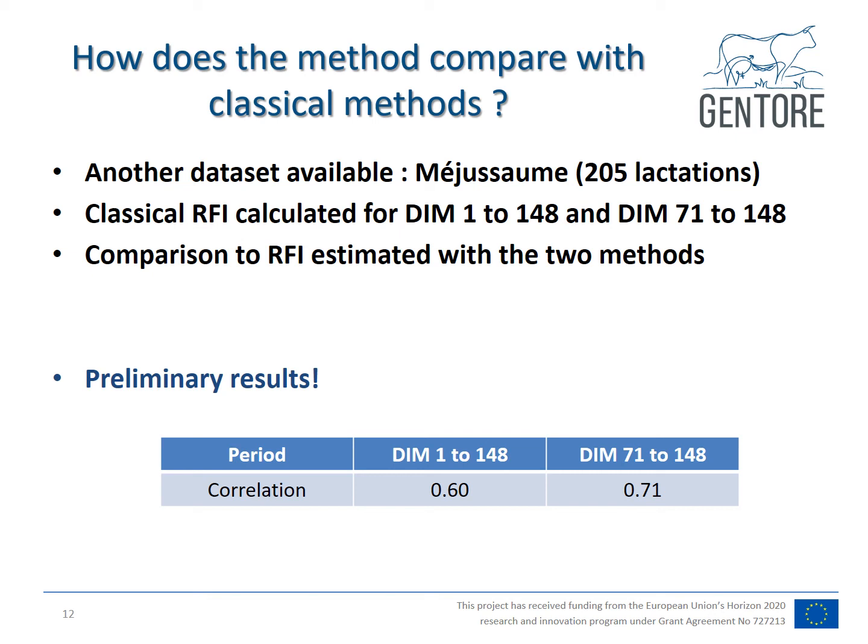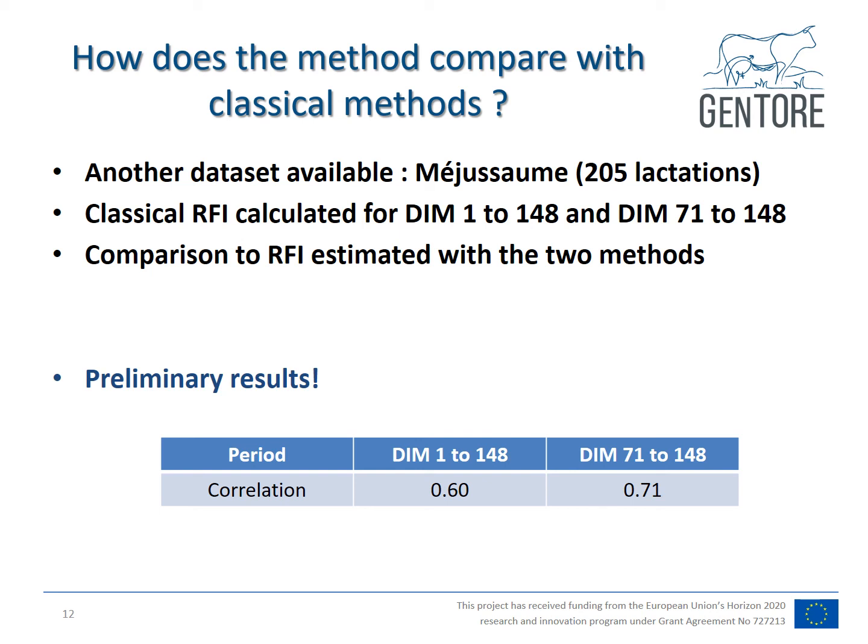For these animals, 2 classical linear RFI were calculated, one from dozen milk 1 to 148, and the second one on the period running from dozen milk 71 to 148. And for these 2 periods, we compared the RFI that were estimated with our method and the classical methods.